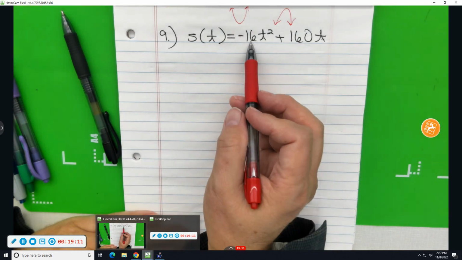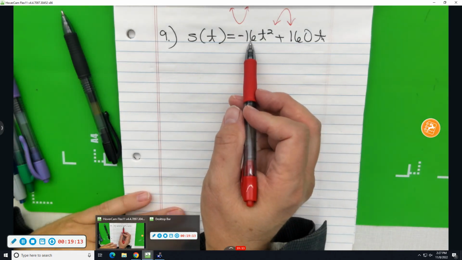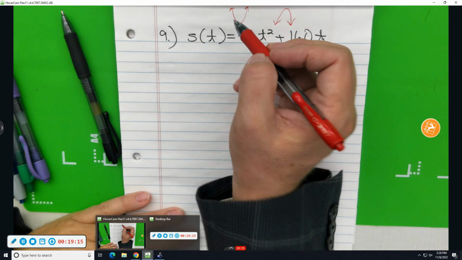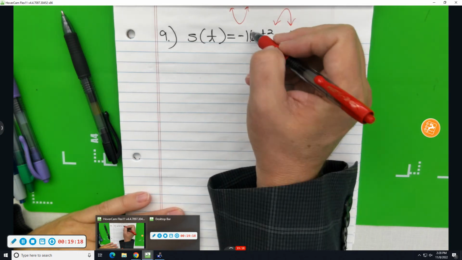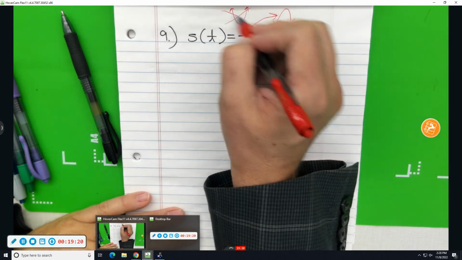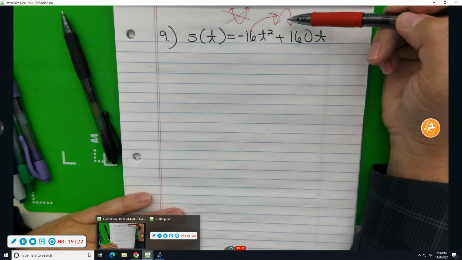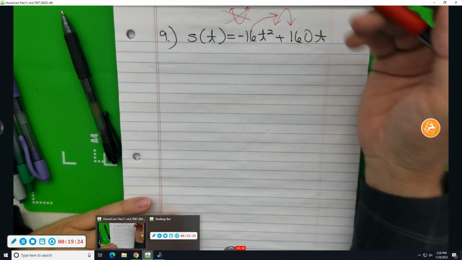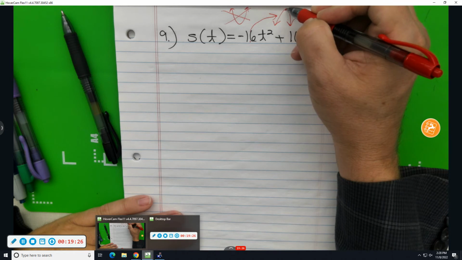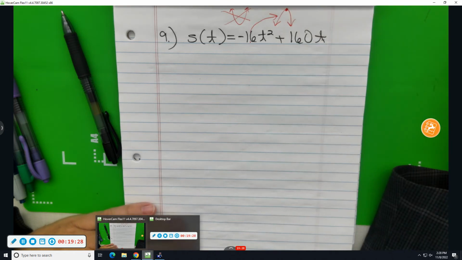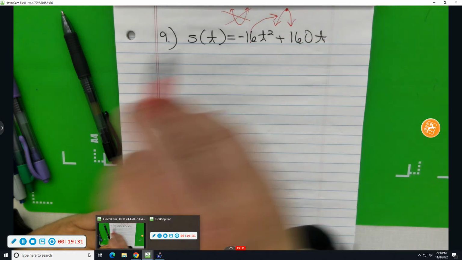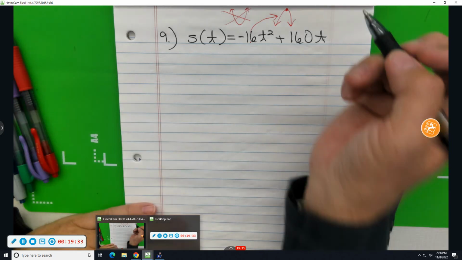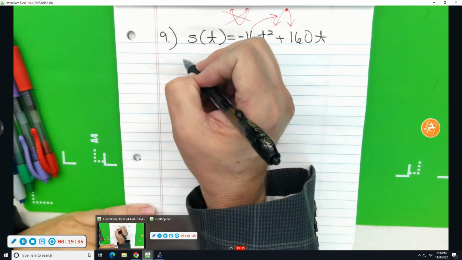We can tell by looking at the leading coefficient that it's going to be opening downward. If a is negative, we expect the graph to open downward. If it's opening downward, then there's a maximum y value, and that maximum y value occurs where? At the vertex.